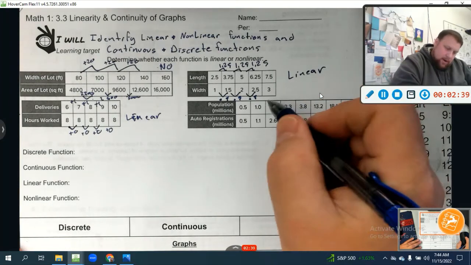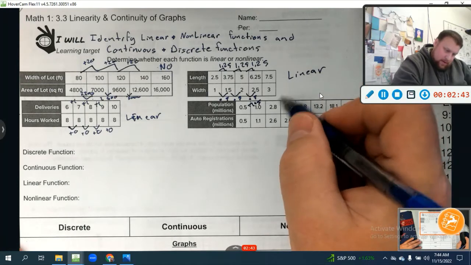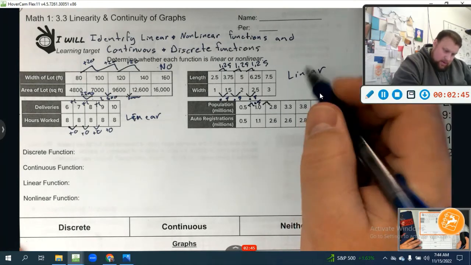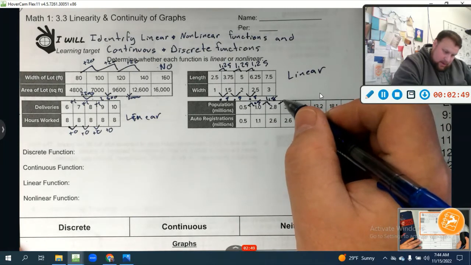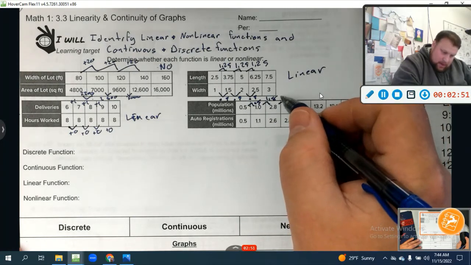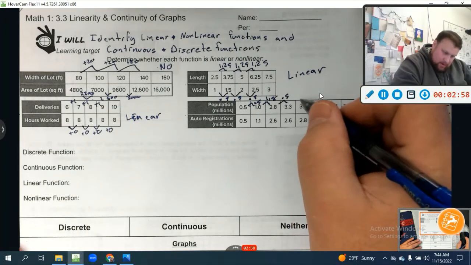So this last one right here, let's see. It goes up by 0.5. Okay, it goes up by 1.8. Goes up by, what was that, 0.5 again?